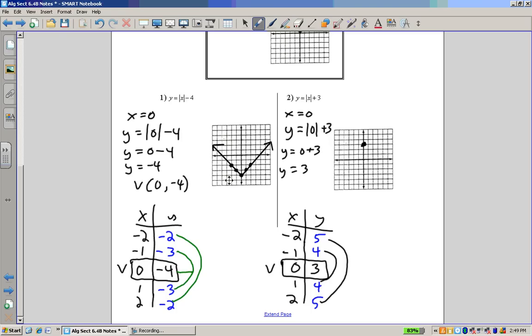That should be the corner, if you will, of your absolute value equation. And now let's plot the rest of these points in order. So negative 2, 5, negative 1, 4, 1, 4, and 2, 5.